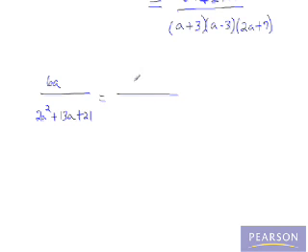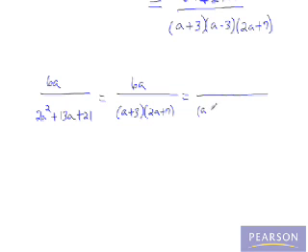We saw earlier that the denominator could be factored as a plus 3 times 2a plus 7. We want to rewrite this fraction using our least common denominator of a minus 3, a plus 3 times 2a plus 7.